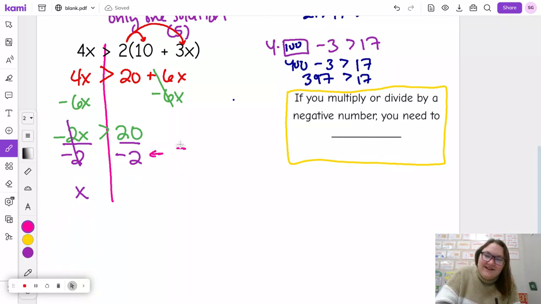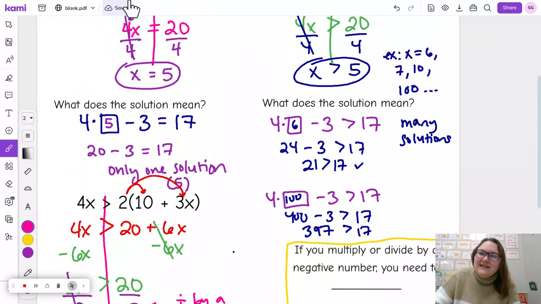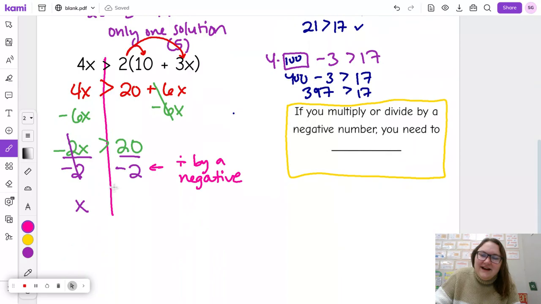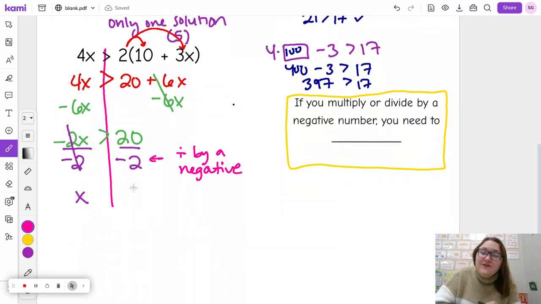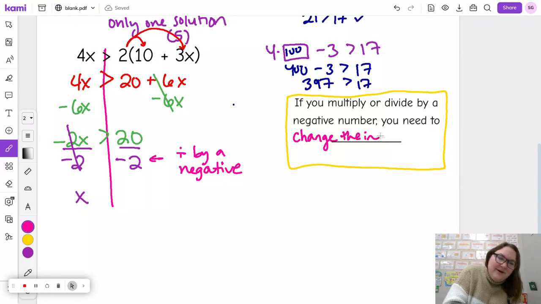Notice right here, I am dividing by a negative number. I divided by negative 2. Up here, I divided by a positive 4, and so it didn't apply up here. But here, I'm dividing by a negative 2, and if you do that, you need to change the inequality sign.